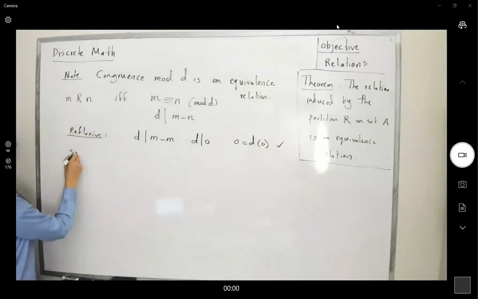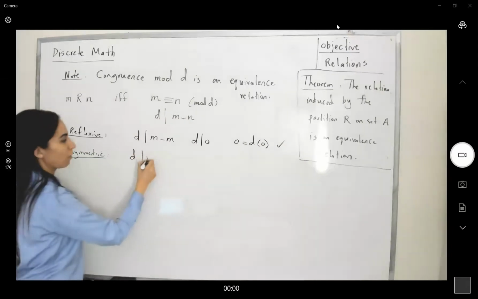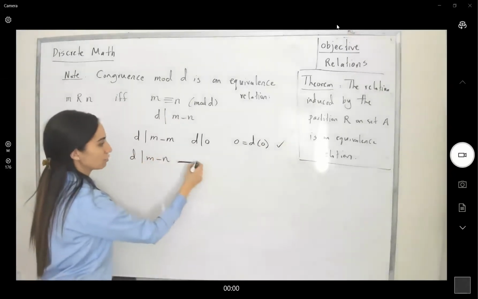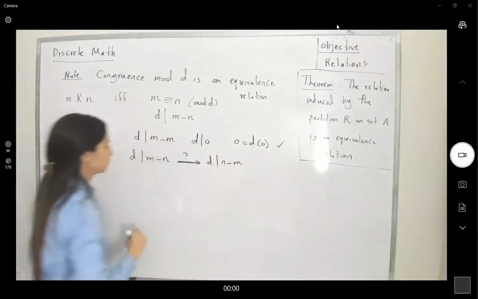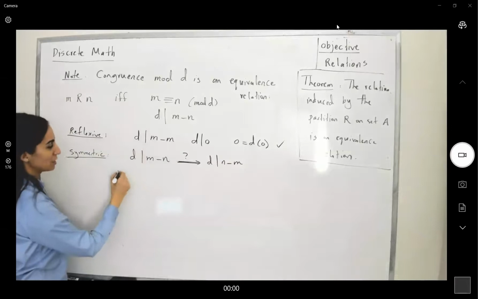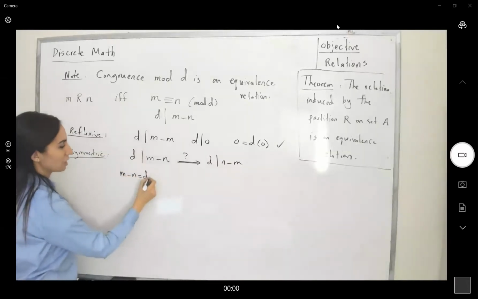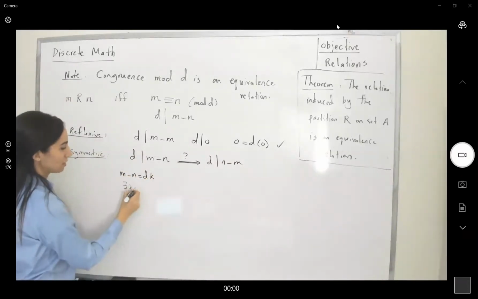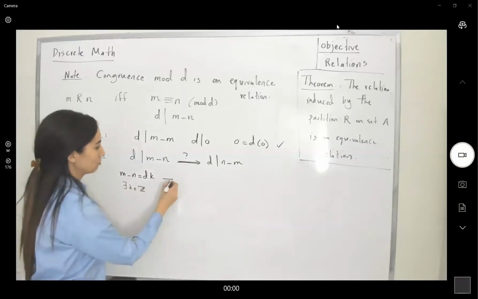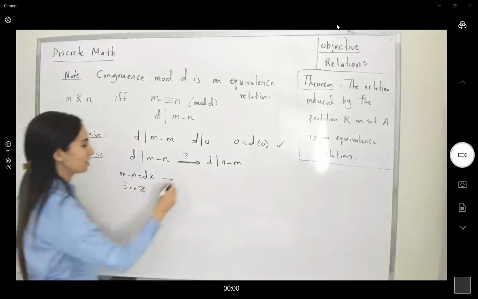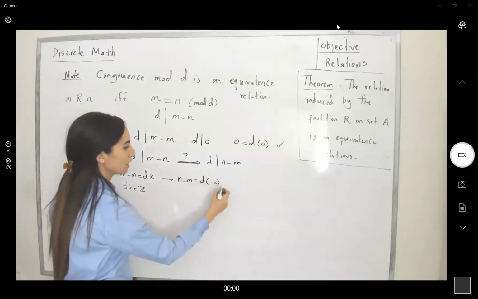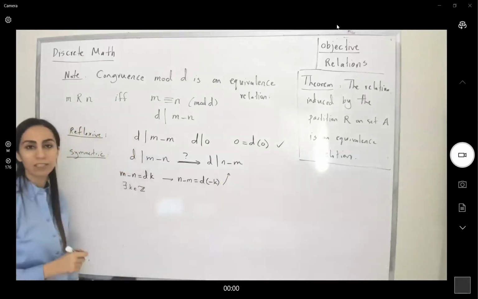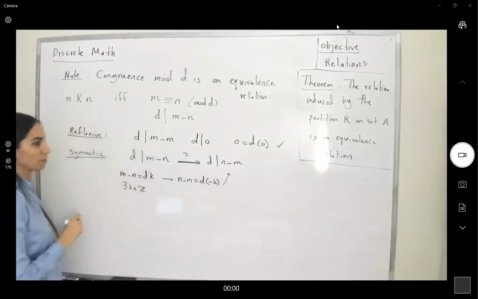To show that it's symmetric, if D divides M minus N, then we should be able to conclude that D divides N minus M. So using the definition, it means that M minus N can be written as dk, k is an integer. So if we multiply both sides by a negative sign, we get N minus M equals D times negative k, which means that D divides the difference between N and M, which is always true.